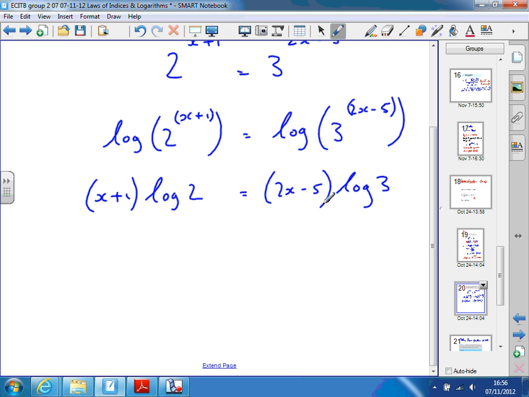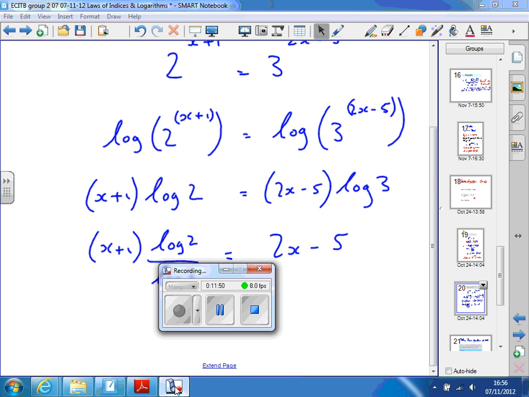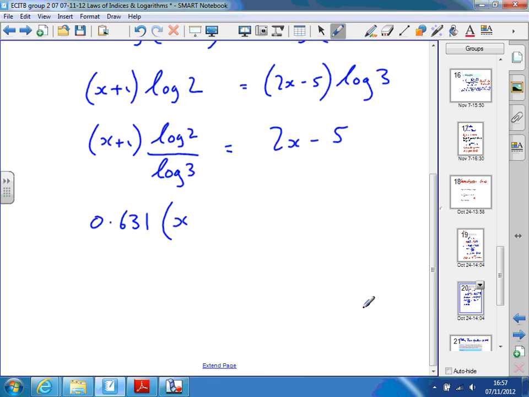So that tells me that x plus 1 times the logarithm of 2 over the logarithm of 3 equals 2x minus 5. And now I work out what log 2 divided by log 3 is. 0.631 times x plus 1 equals 2x minus 5.